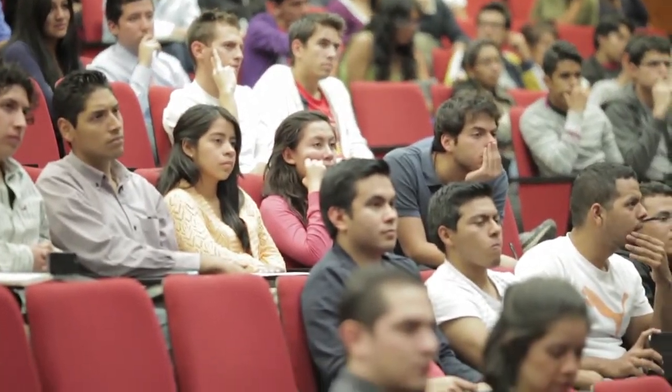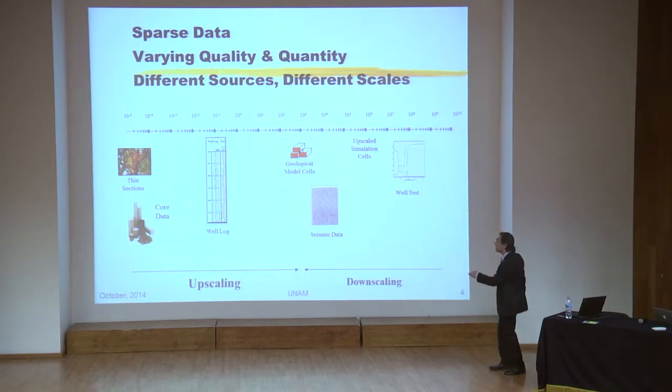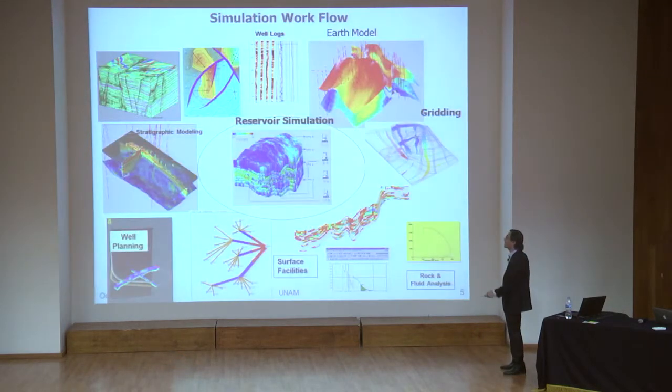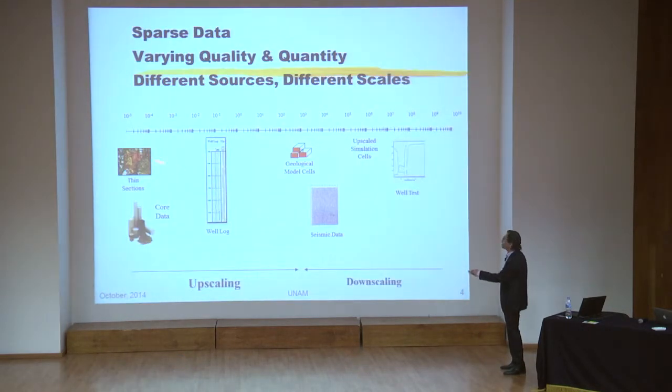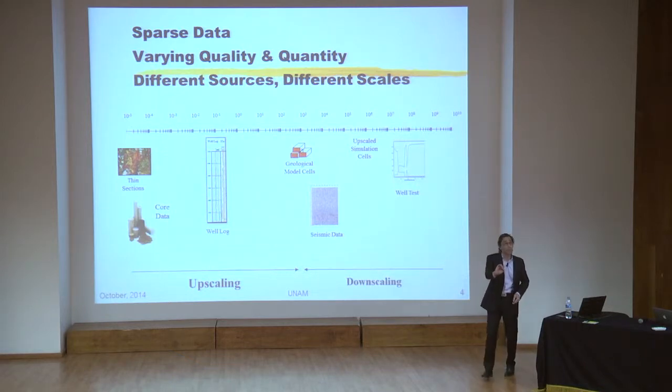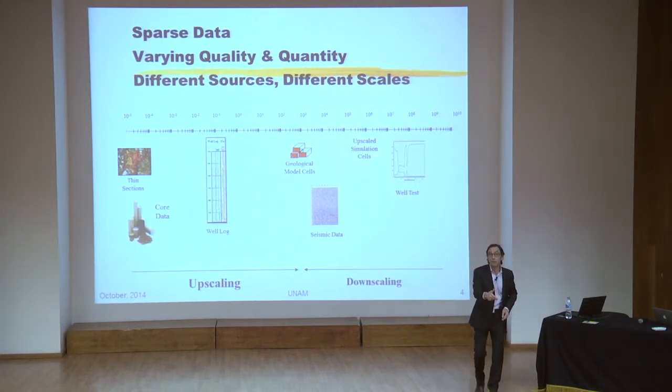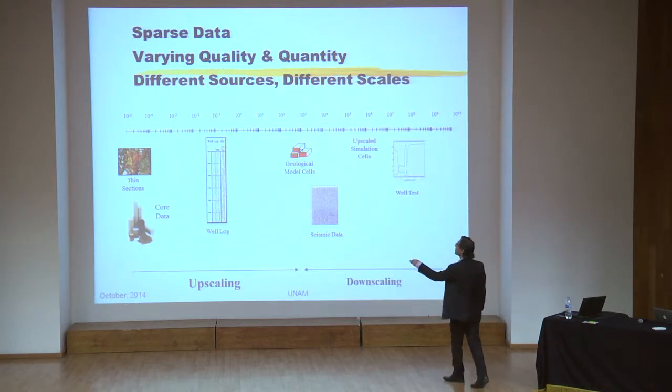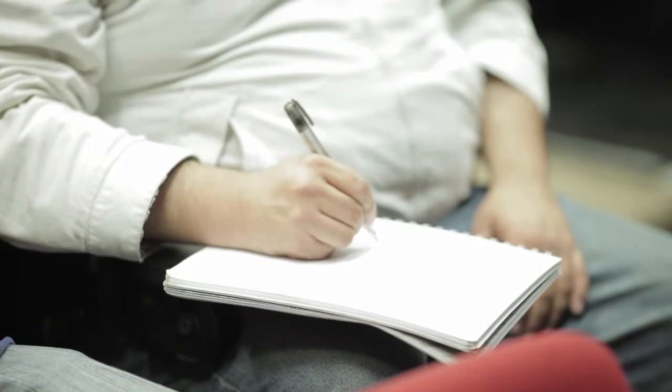And the idea behind reservoir simulation is to understand the complexity of the scale representation and capture the physics sensitive to the fact that things vary over a very large span of scales.